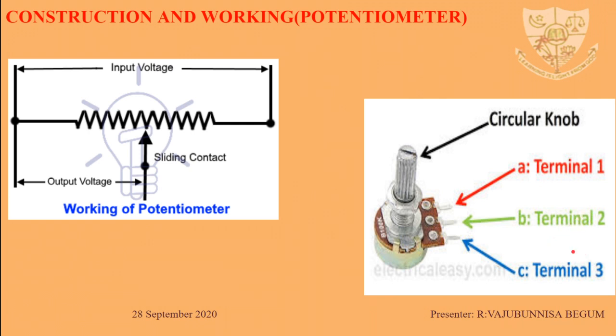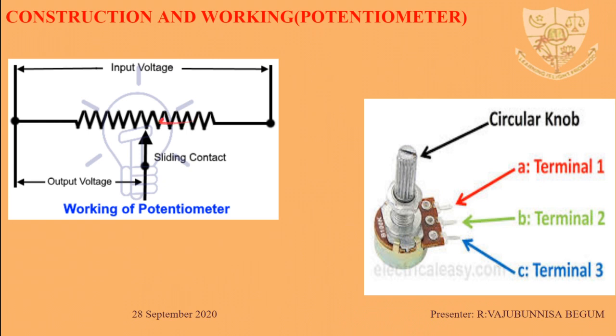In this device, the current flow is controlled by varying the resistance manually. A potentiometer does the function of an adjustable voltage divider. It is a passive component that works by moving a slider across the full length of the conductor.